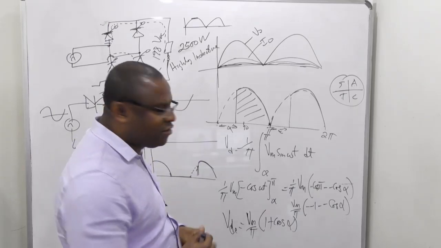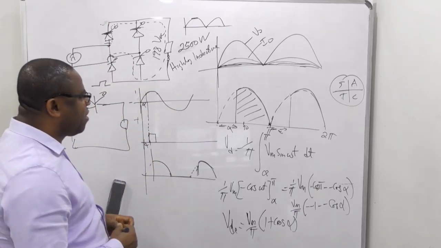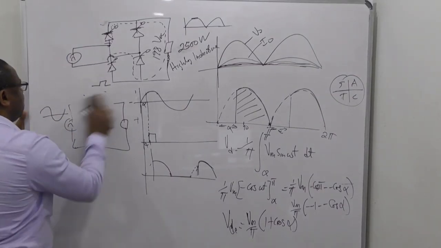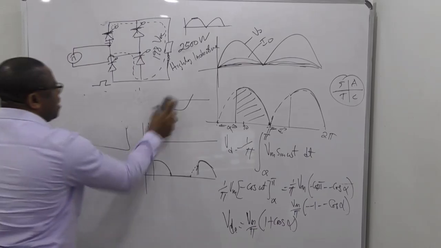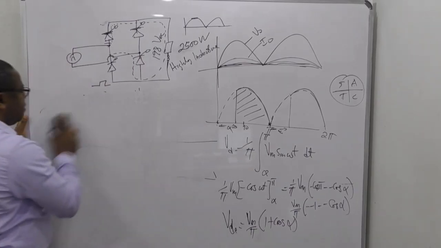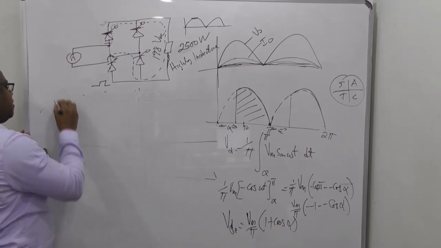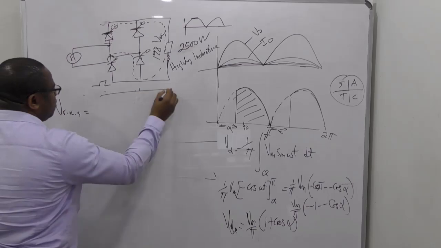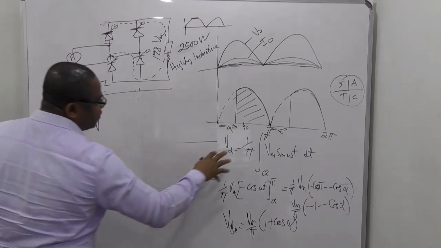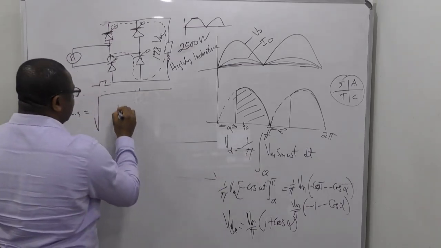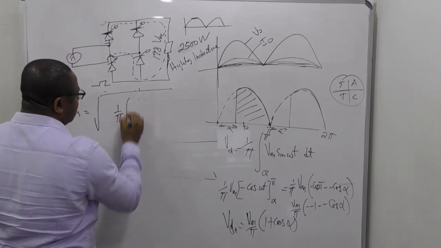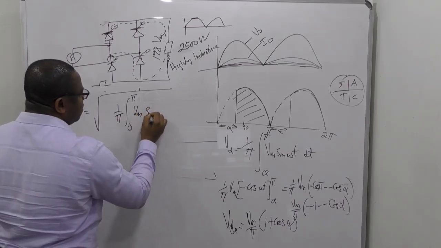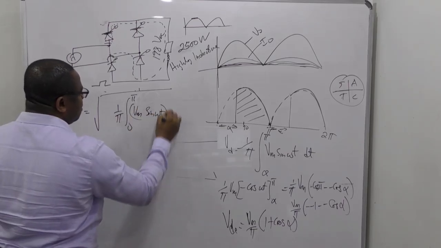So now we can also calculate the VRMS, all right? Just follow what we did last time to derive the VRMS. So VRMS is the root of the mean, which is 1 over pi integral of 0 to pi of Vm sine omega t, all squared.